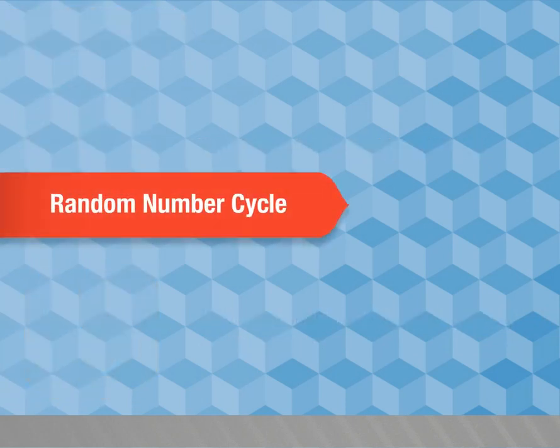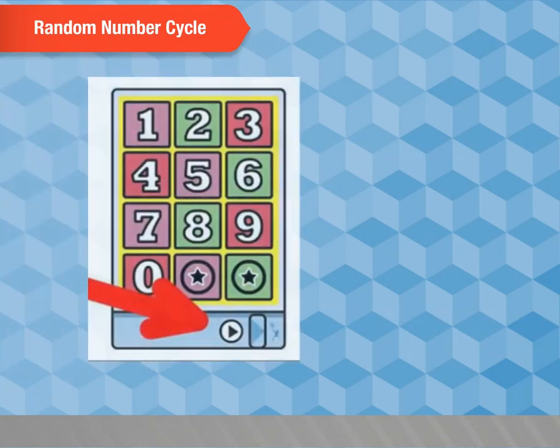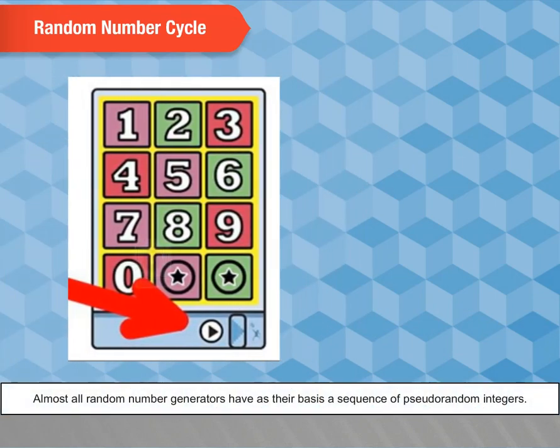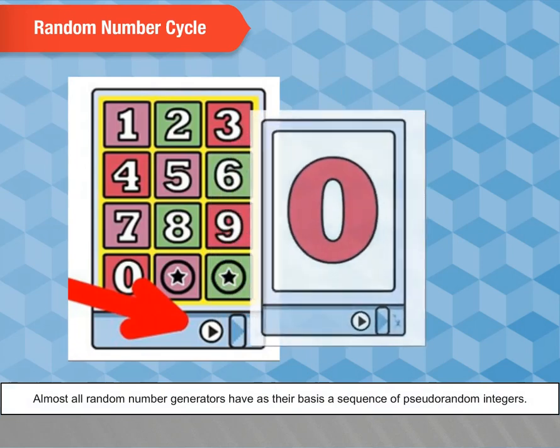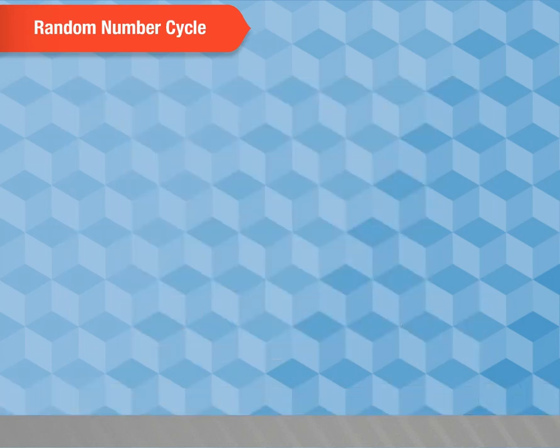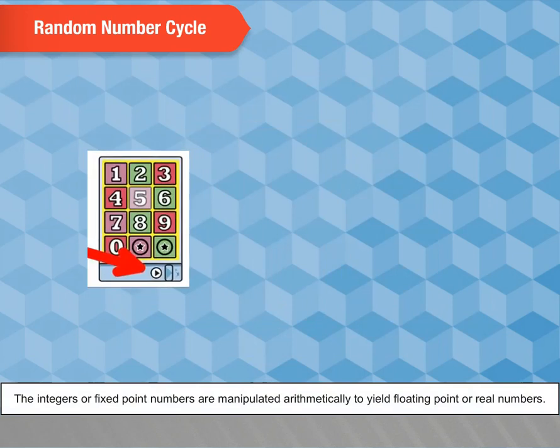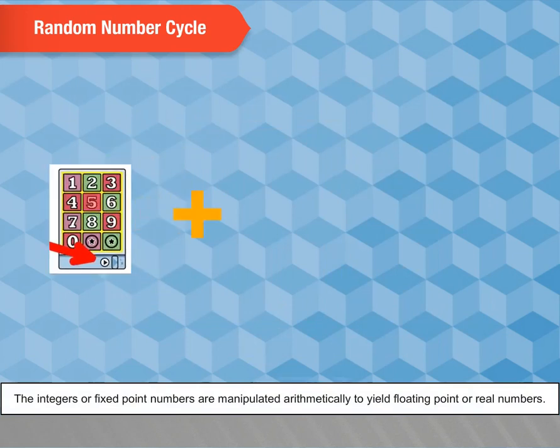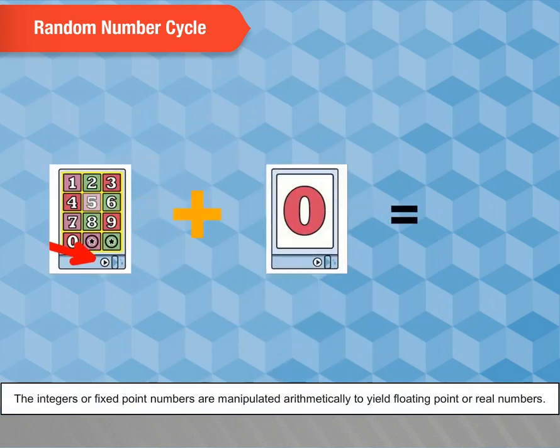Random number cycle. Almost all random number generators have as their basis a sequence of pseudo-random integers. The integers or fixed point numbers are manipulated arithmetically to yield floating point or real numbers.